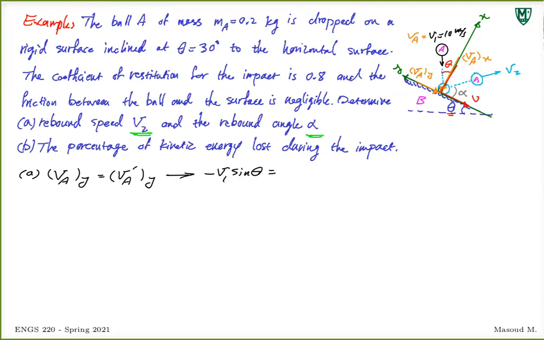This is going to be your VA prime Y, and this is going to be your VA prime X. So what is VA prime Y, with the information we have there?